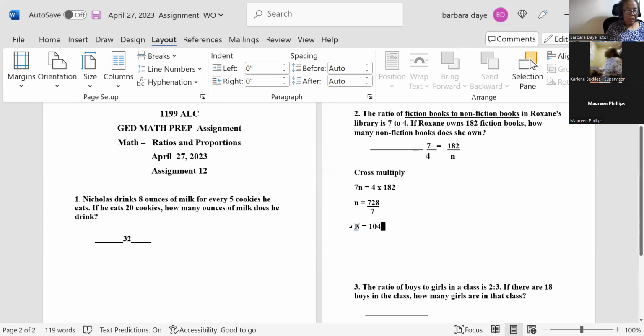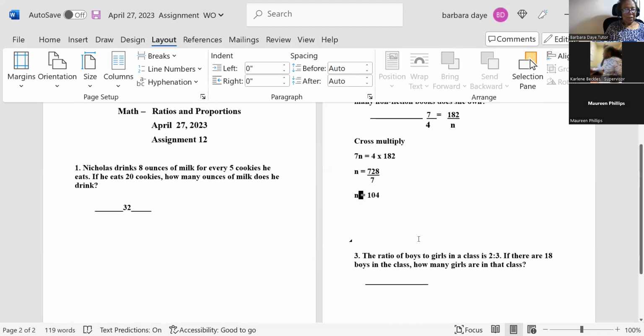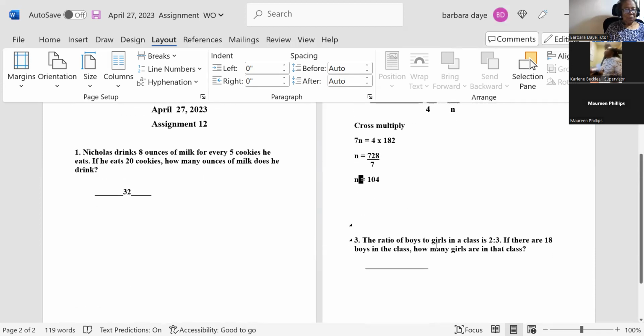Let's make that a small n, because you knew it had to be a bigger number. Very good. So far, you got them all correct.